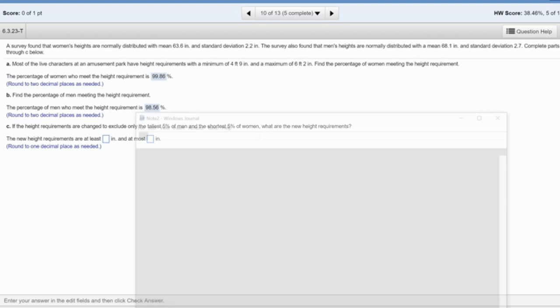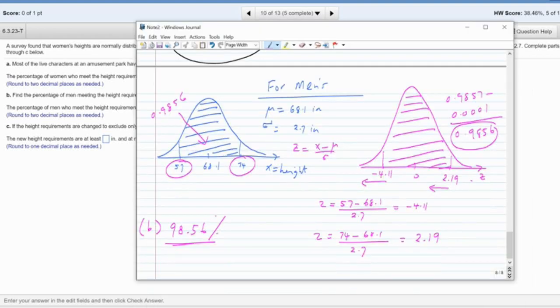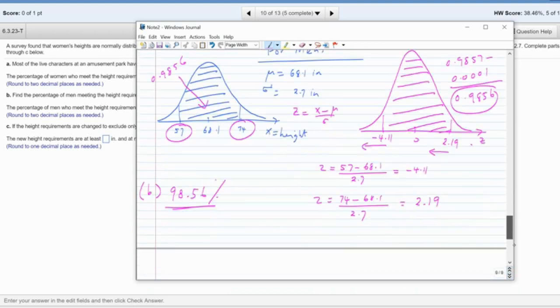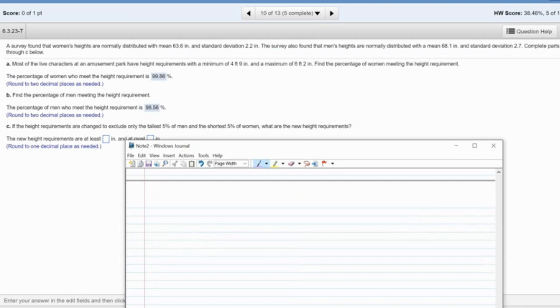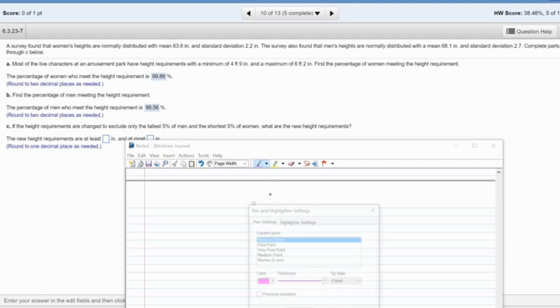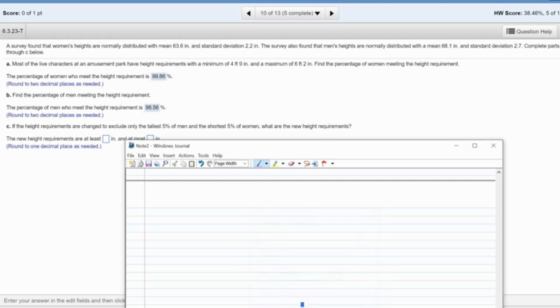First we will find the maximum height. The maximum comes from the tallest 5% of men, right? So we start with the men, because the maximum height comes from the distribution of men.